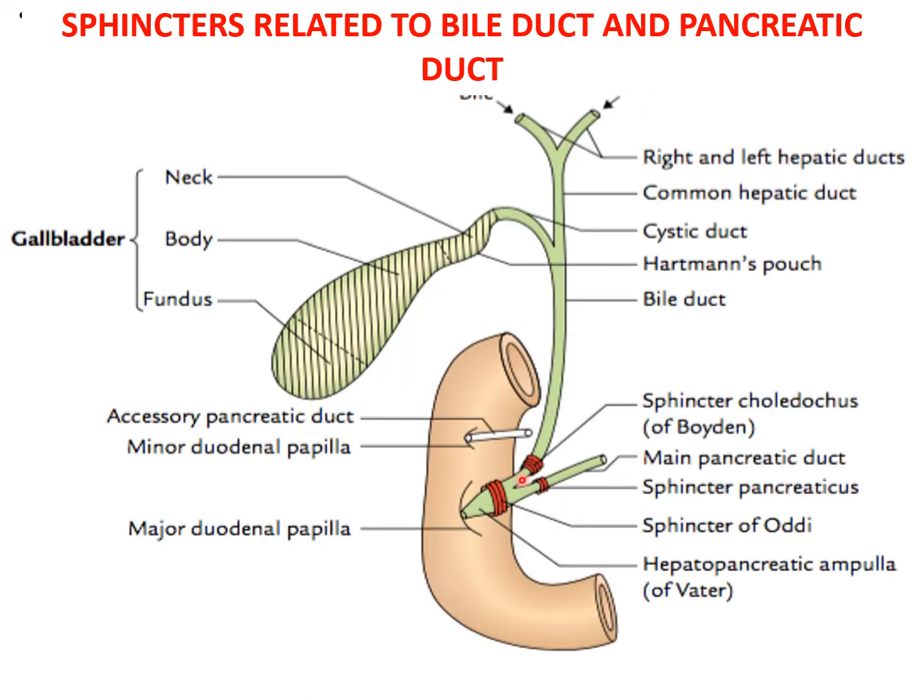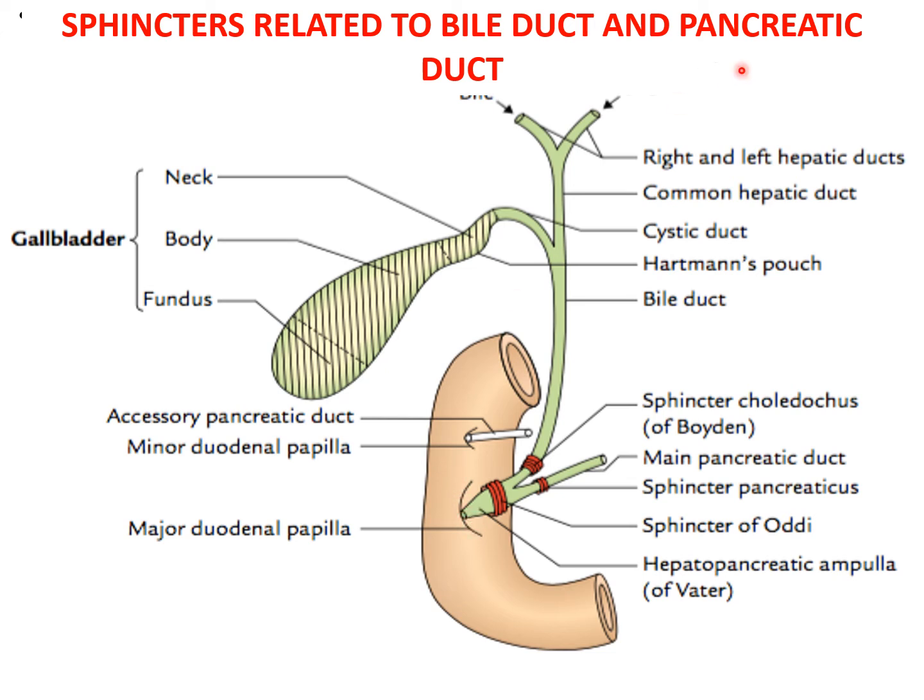As you already know, the bile duct is usually joined by the main pancreatic duct, and together they open into a small ampulla in the duodenal wall, which is called the hepatopancreatic ampulla, also known as the ampulla of Vater. You also know that this ampulla opens into the lumen of the duodenum by means of a small papilla known as the major duodenal papilla.